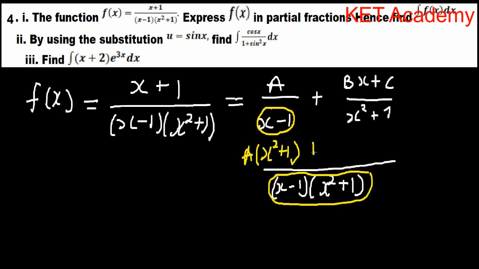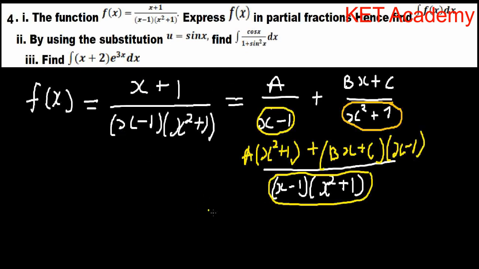The same thing is done with the second term. We take all of that and divide by this, and we are left with x minus 1. So plus bx plus c into x minus 1.